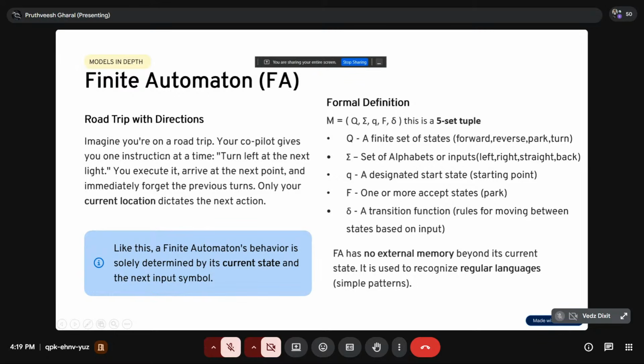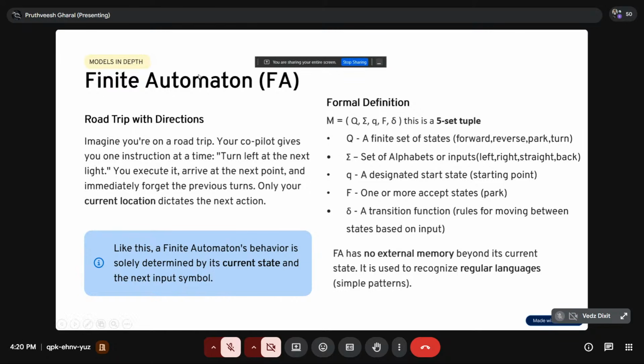We know which state we are currently in, but we do not know the map. We do not know the next set of inputs that are going to come. This is how a finite automaton works. It does not have any memory except the fact of which state it currently is in.